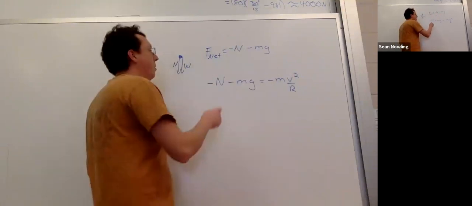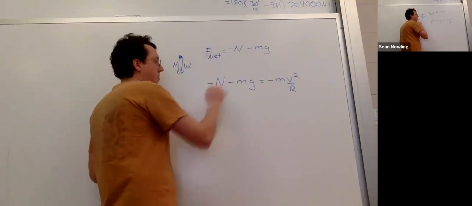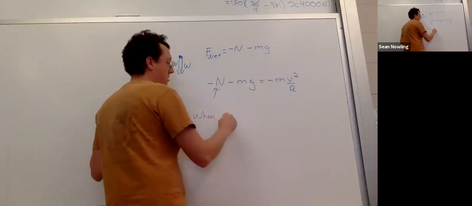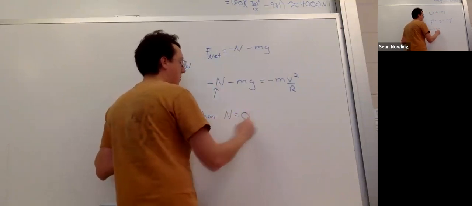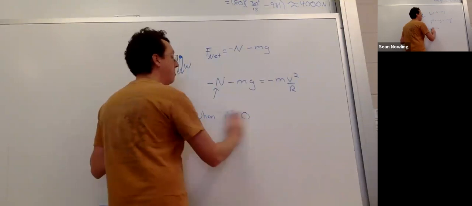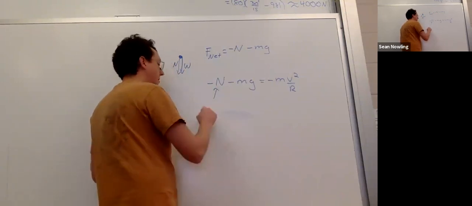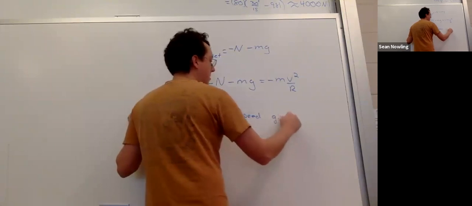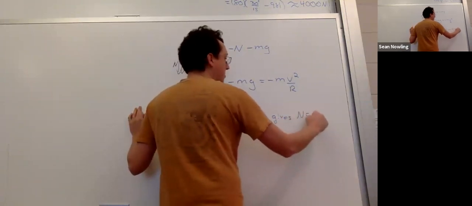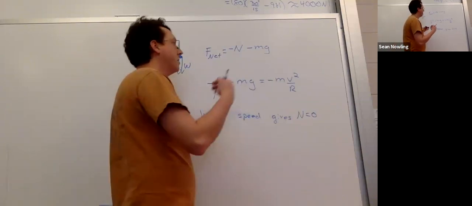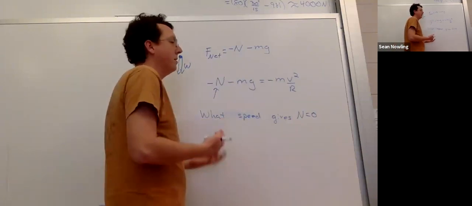But what we want here is to study when the normal force is equal to 0. At what speed would the cart have to go around so that you feel weightless at the top of the loop?